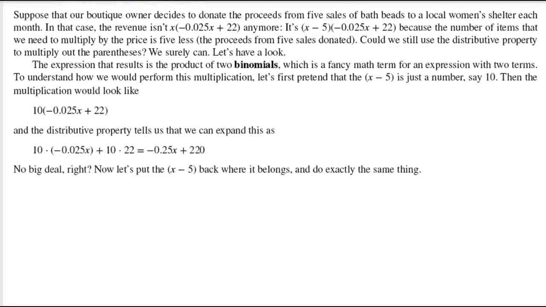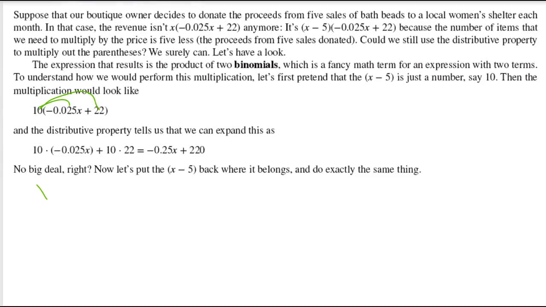So could we still use the distributive property to multiply out the parentheses? We surely can. Let's have a look. So we take 10 times this, 10 times this. Now we put the x minus 5 back where it belongs. Do exactly the same thing.